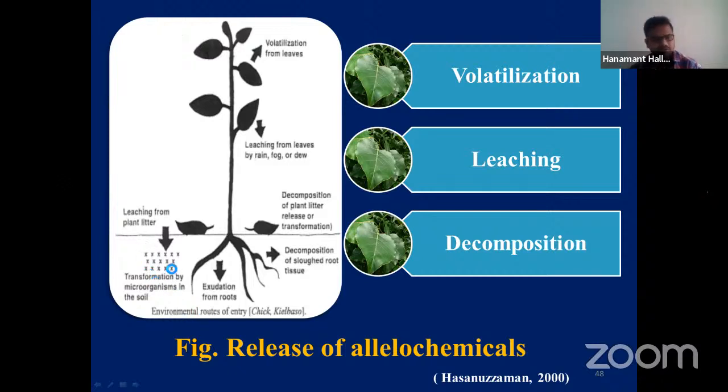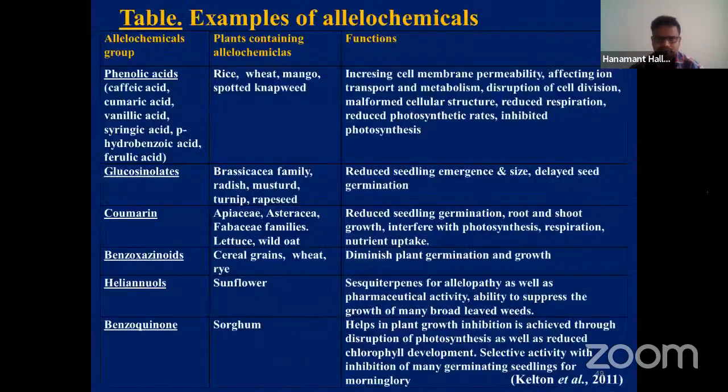Then the chemical goes through transformation by microorganisms in the soil. So through different mechanisms, chemicals affect the growth of other plants. In order to take any allelopathic chemicals, we need to study all these practices. That's why the allelopathy study is somewhat difficult.